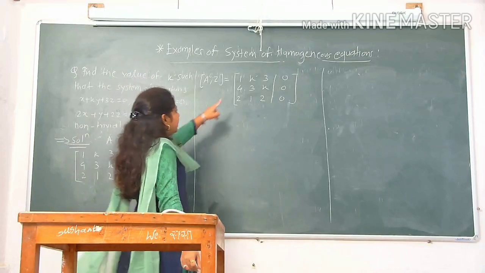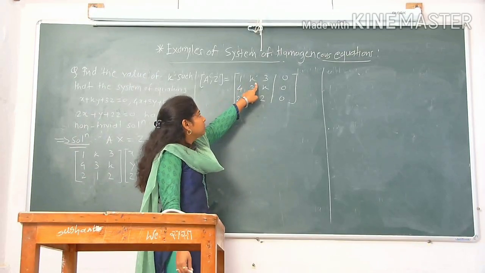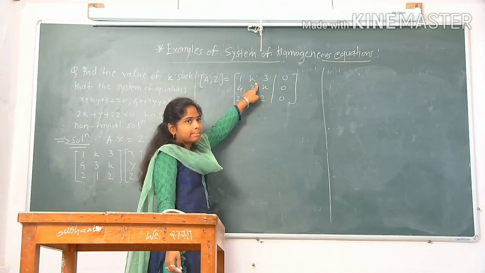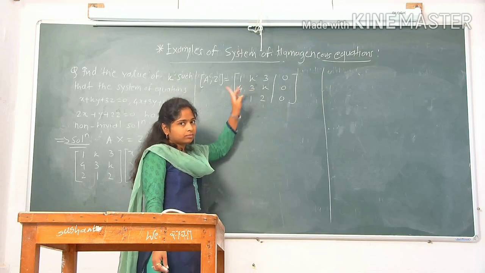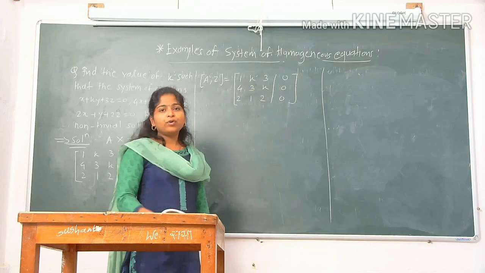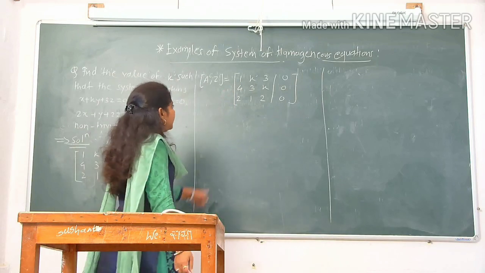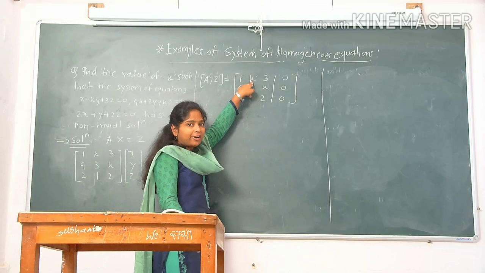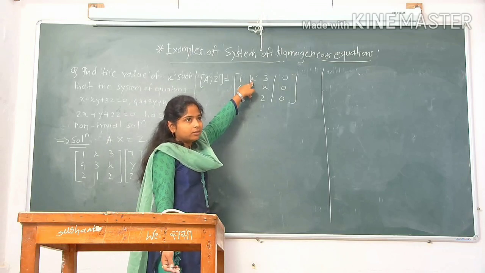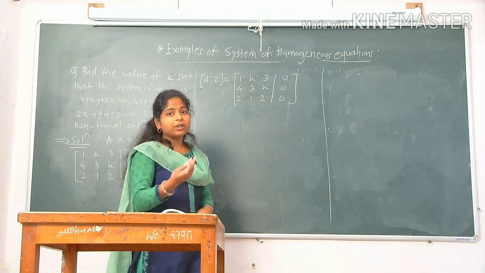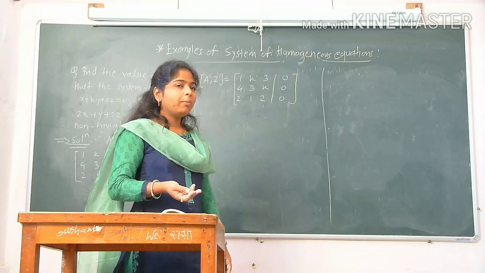But when we get k here, we cannot talk about whether it is in row echelon form or not, or about the rank of the matrix.